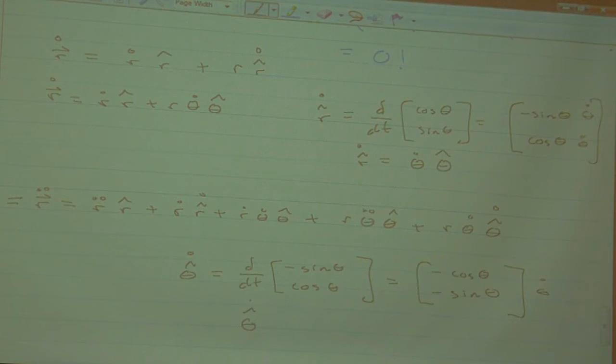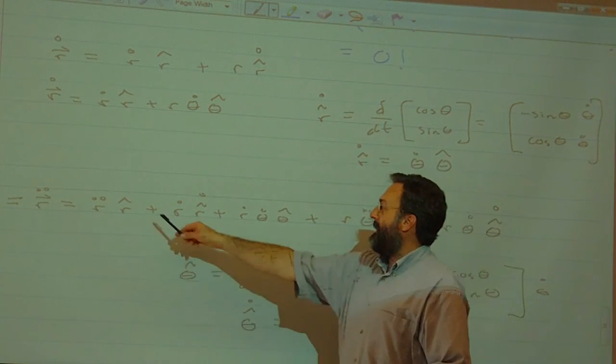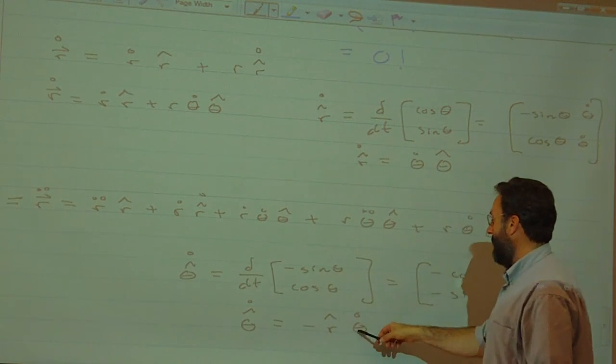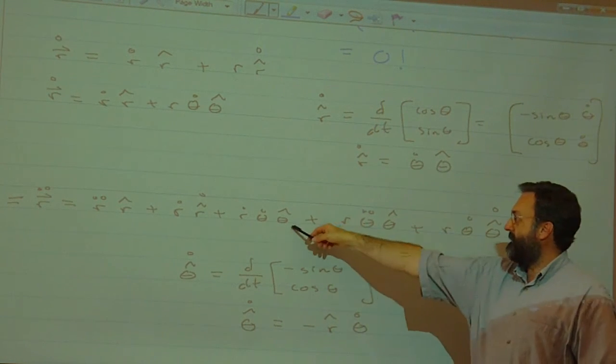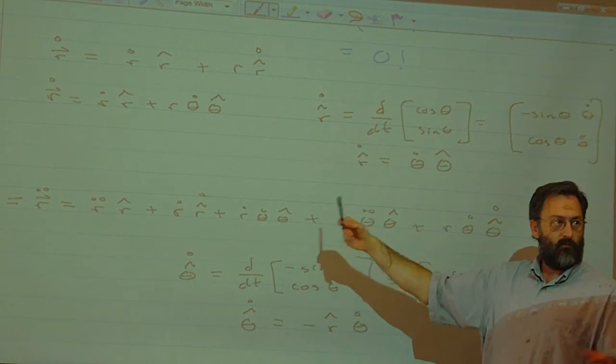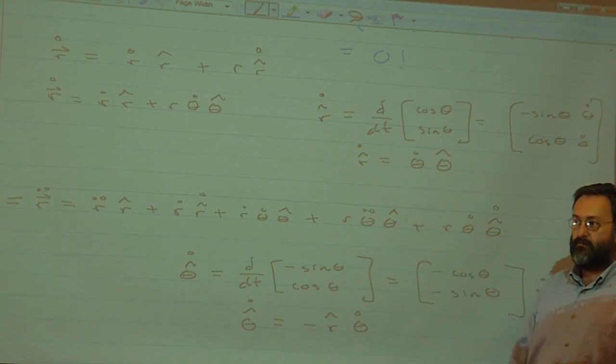So theta hat dot is minus r hat theta dot. Okay, so I've got a bunch of terms here. I've got an r hat, another r hat, right? I've got a theta hat and another theta hat. I'm going to group up the r hats and group up the theta hats.